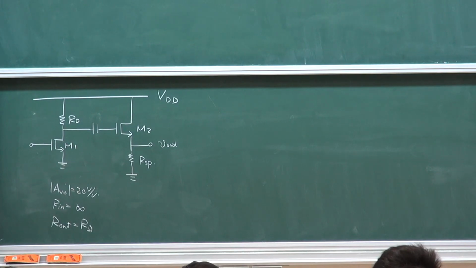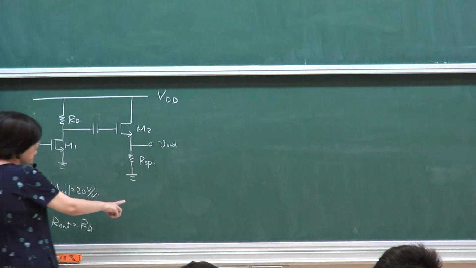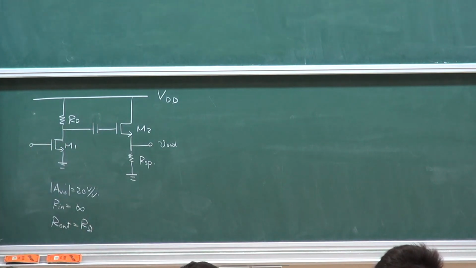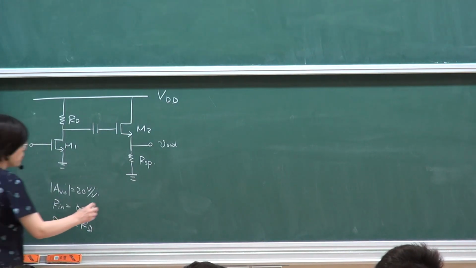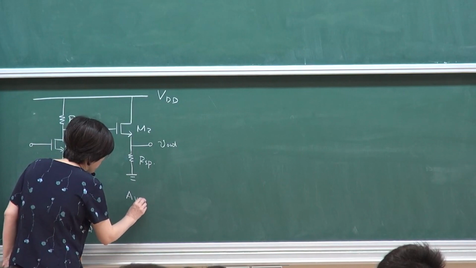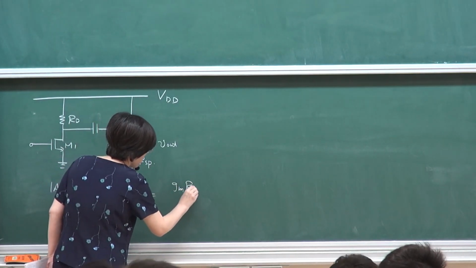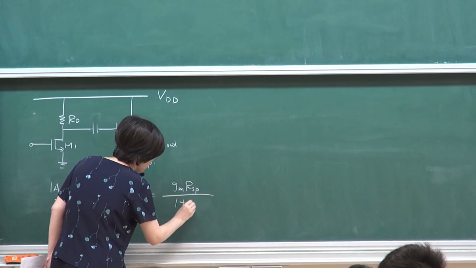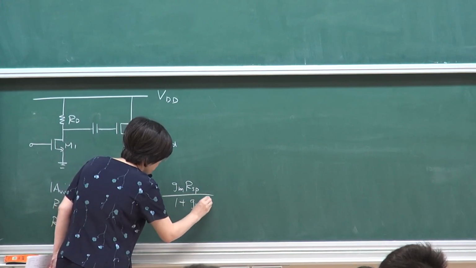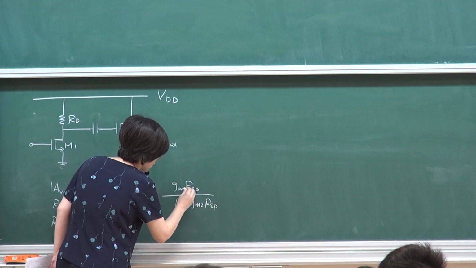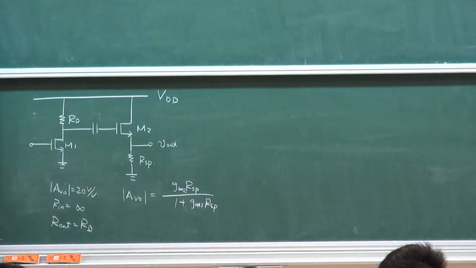Once you have a buffer, I need to write down what happens at the second stage. For the second stage, the voltage gain will be GM2 RSP over 1 plus GM2 RSP.